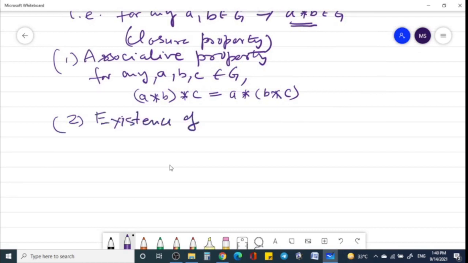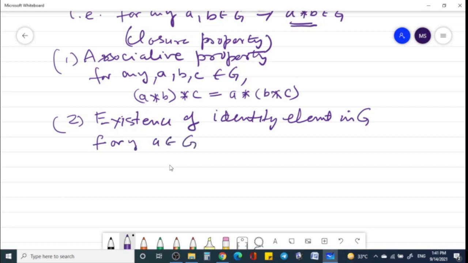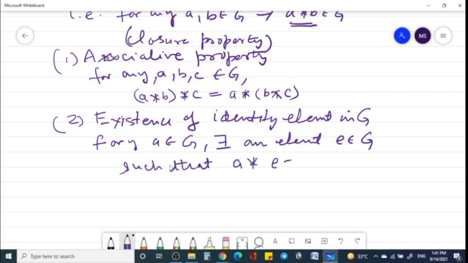Next property is existence of identity element in G. So for any a belongs to G, there must exist an element e belongs to G such that a star e equals a equals e star a.